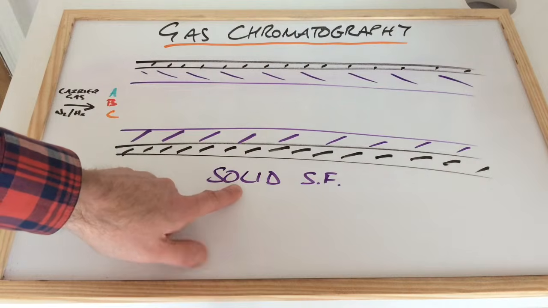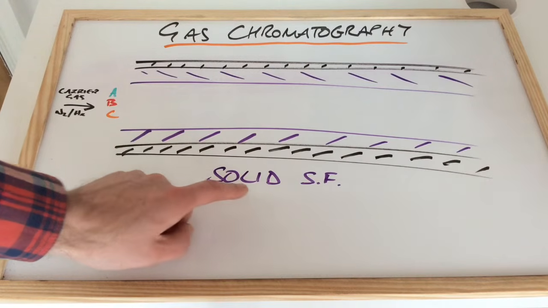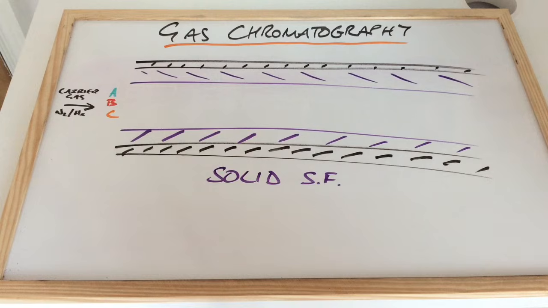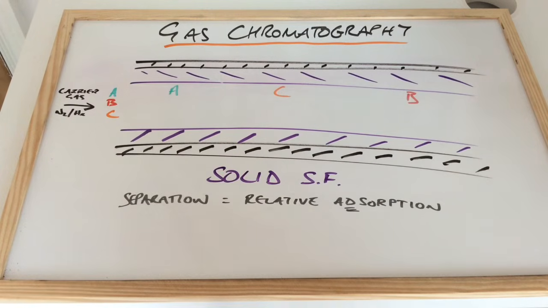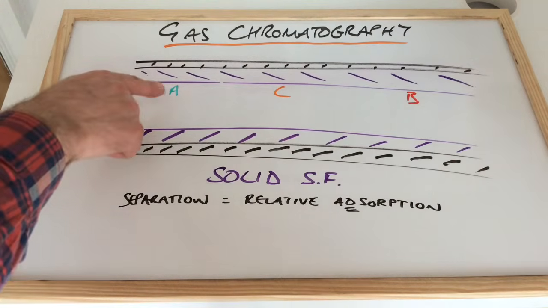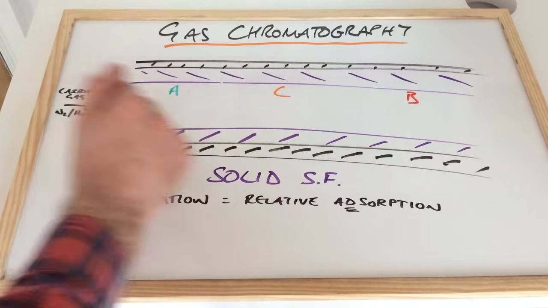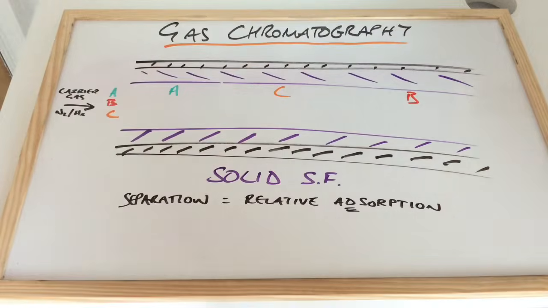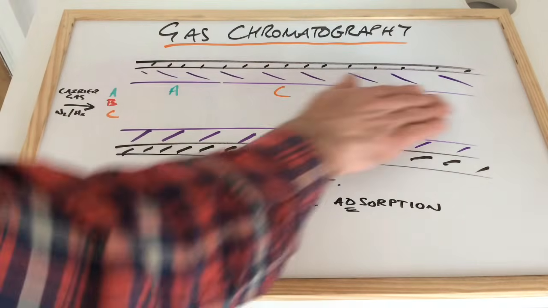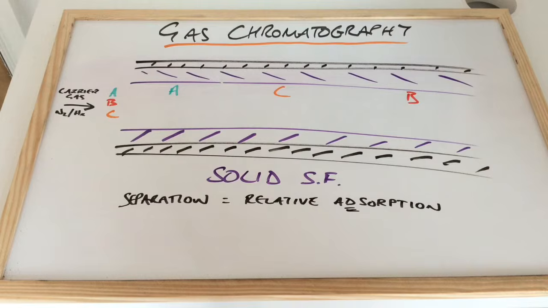If the stationary phase is a solid, the mode of separation would be by adsorption. These three components in our mixture are going to interact with the stationary phase by different amounts. If you look at where I've positioned A, B and C now, A is lagging behind, C is in the middle, and B is flying through. So the carrier gas finds it quite easy to send that through the capillary column.